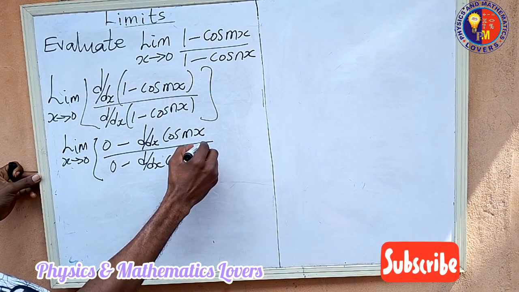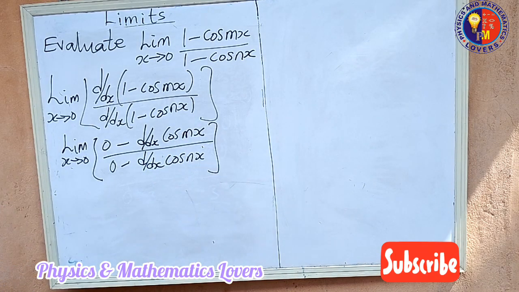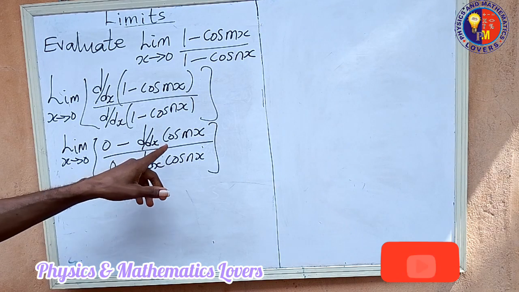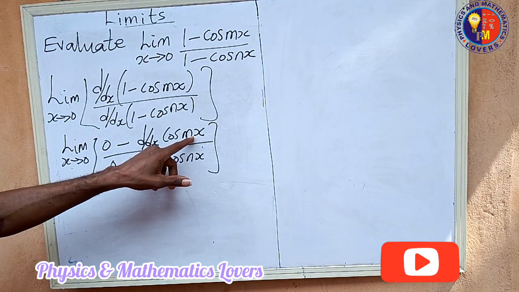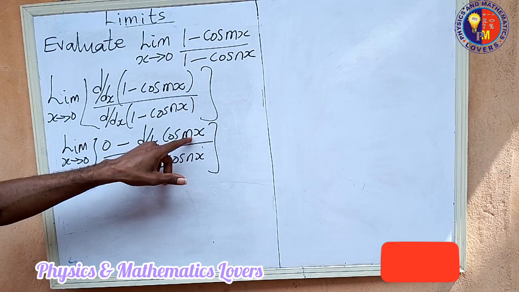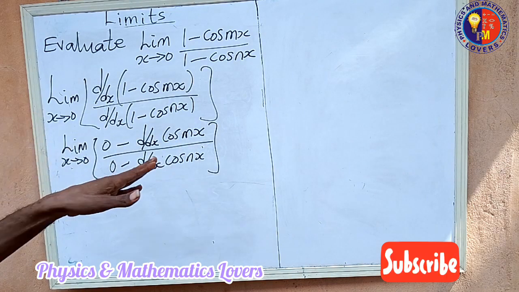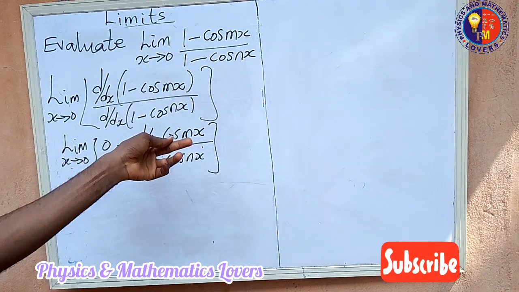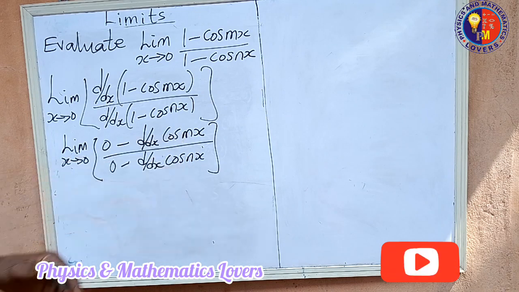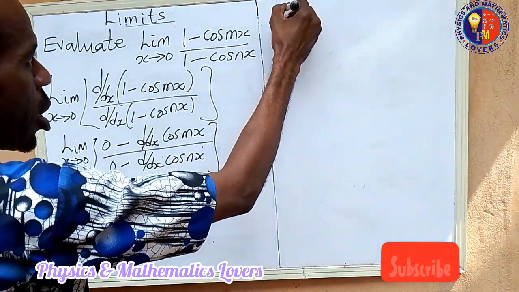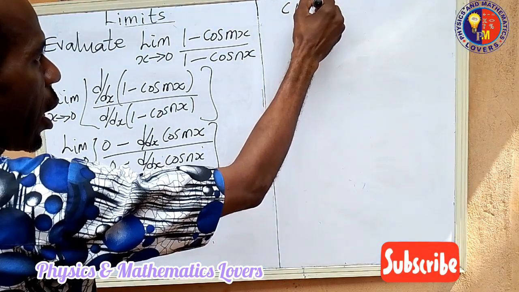Now, if you look at this cos mx here, there is a function inside there again, which is m x. That means we are now having a function of a function, a composite function. So I am going to differentiate just cosine, which is cos of x.